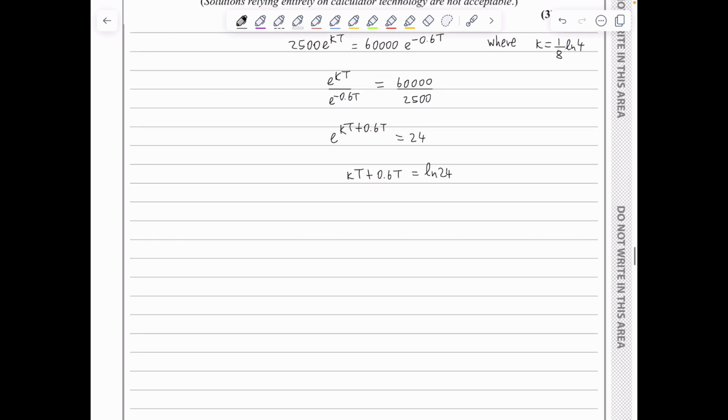If I factor out the T on the left hand side, I get T brackets k plus 0.6 is equal to ln of 24. Therefore capital T is ln of 24 over k plus 0.6. Remember, we've got the numerical value of k. If I plug this in the calculator, we get T is 4.11 hours.